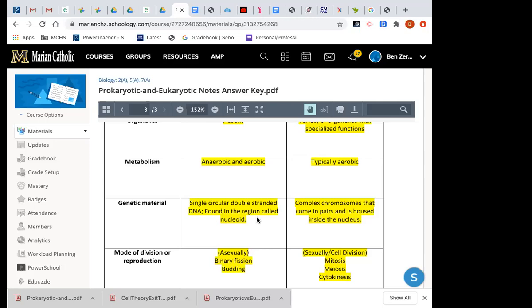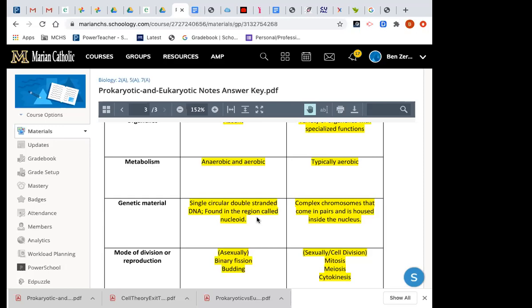Last two. So, genetic material inside a prokaryote is located in the cytoplasm. It is not protected in a nucleus. Eukaryotes do have a nucleus, and you would find the genetic material inside of that nucleus for a eukaryotic cell. Okay, and then last but not least is reproduction.